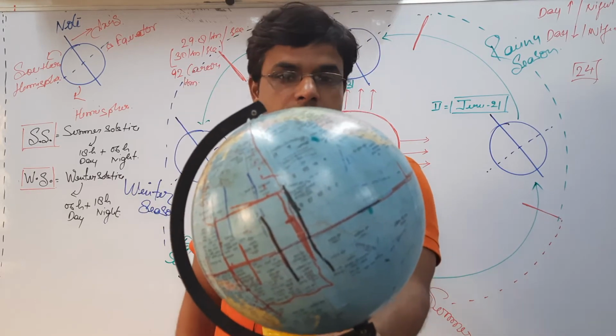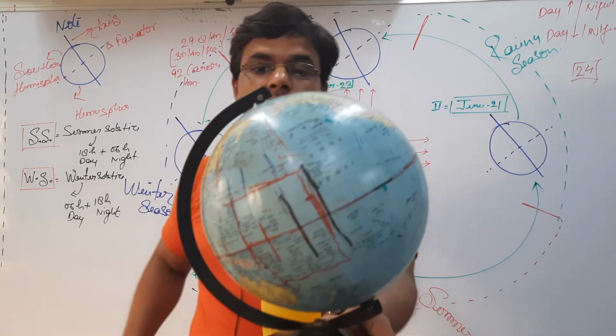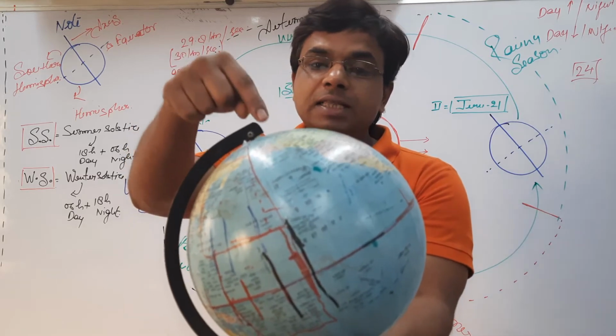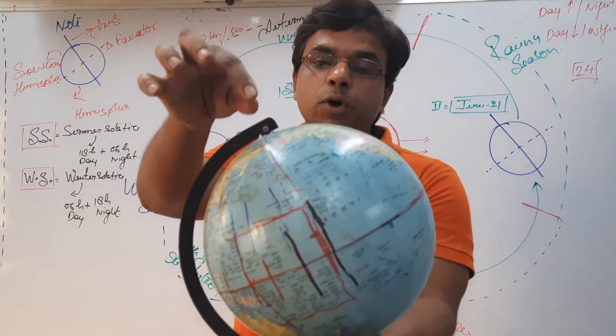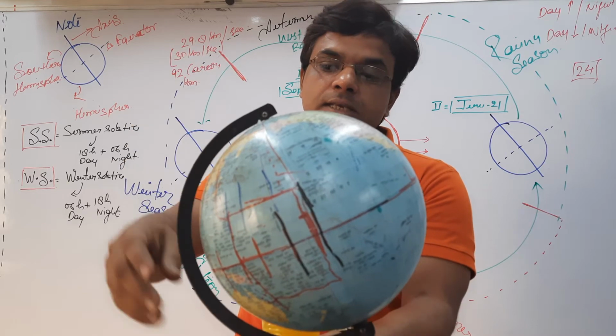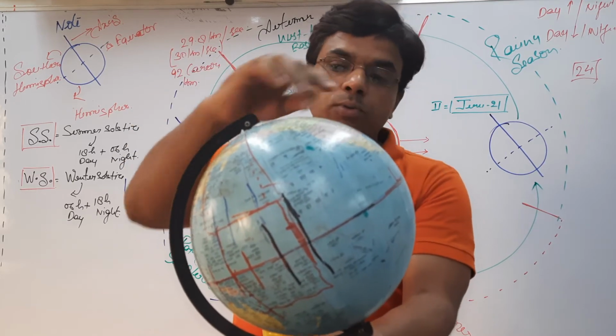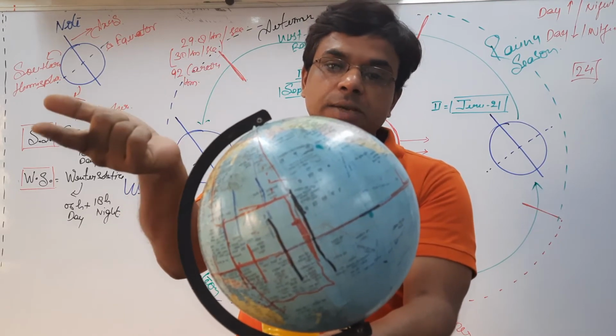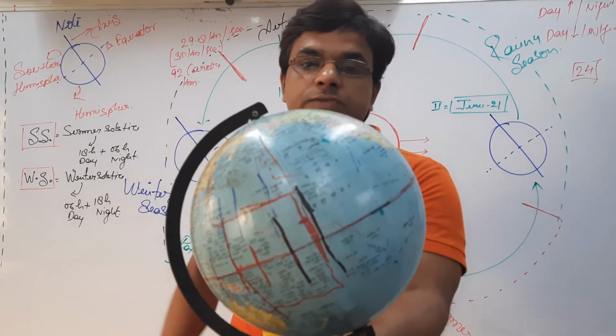Now notice, if the earth is here, which pole has the maximum distance, North Pole or South Pole, and which pole simultaneously in the same proportion has the minimum distance from the sun?